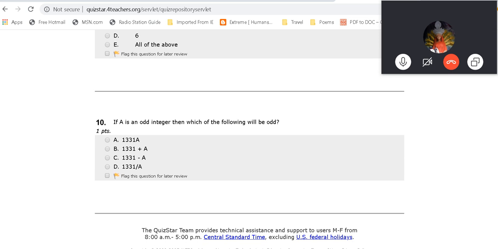Last one, if A is an odd integer, then which one would be odd?